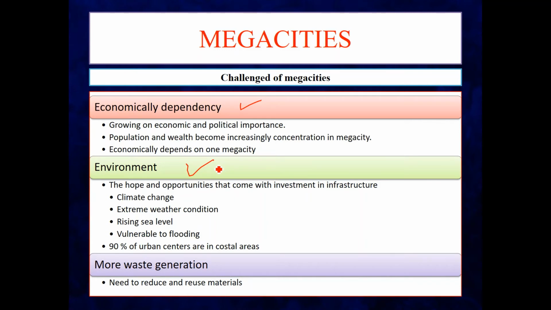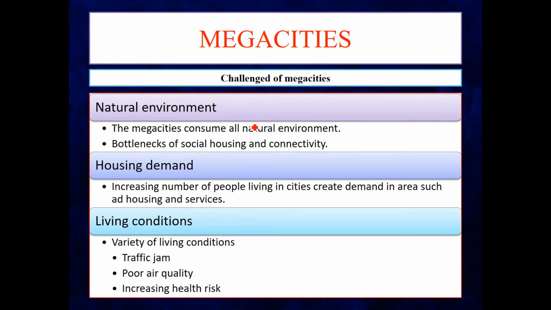Right? As population grows, pollution will increase. The natural environment will be damaged because the megacity keeps growing with increasing population. Then housing demand: imagine 10 million people, they need housing. Living conditions will be worse because the population is more, we have traffic jams, poor air quality, health risks.